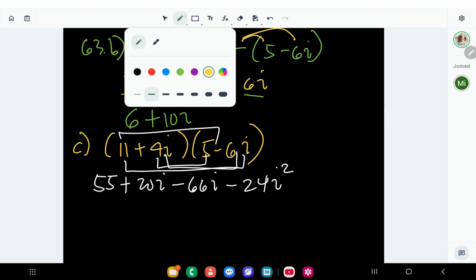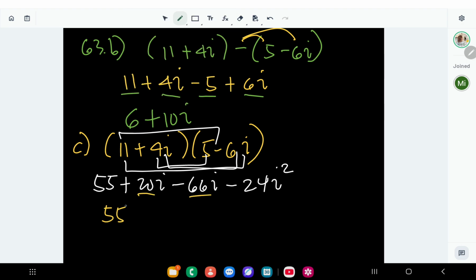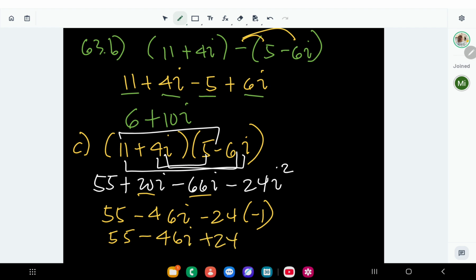And then we group like terms: 55, 20 minus 66, that is 55 minus 46i minus 24 times i squared, which is -1. Then we can further simplify this as 55 minus 46i plus 24. Group like terms: 55 plus 24 is 79 minus 46i.